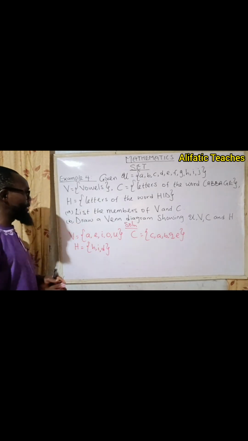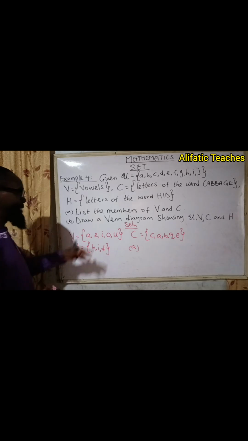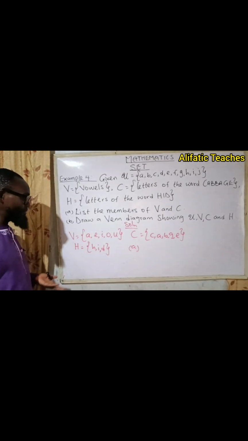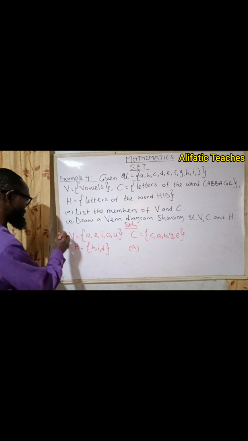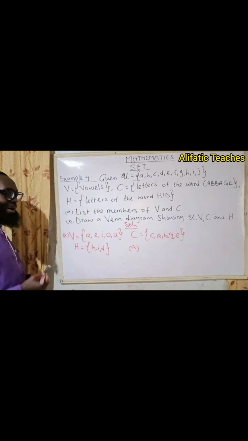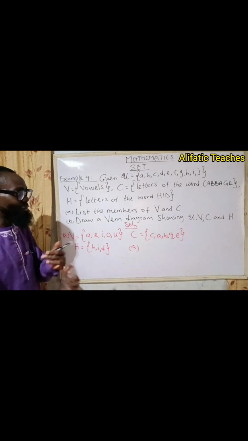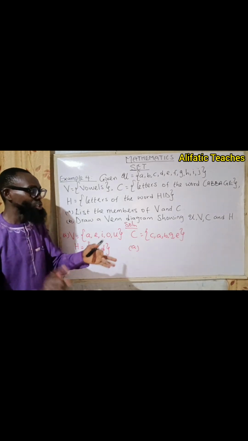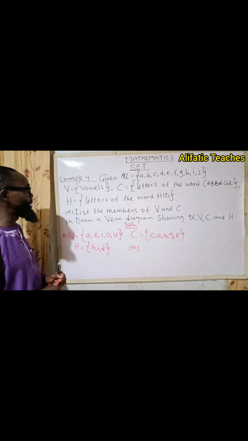For question A, we want to list the members of V and C. We have done it already. This is V and this one is C. So this is question A. Now our question B is to draw a Venn diagram showing V, C, and H. How are we going to do that?